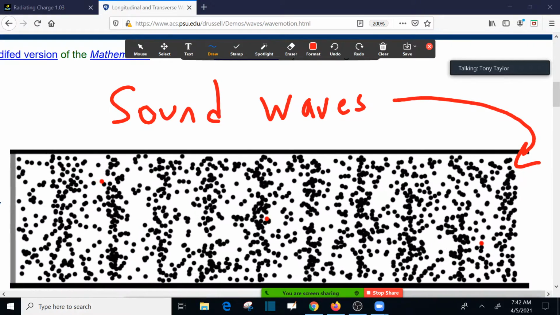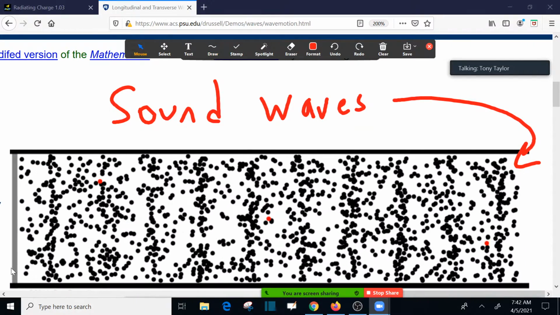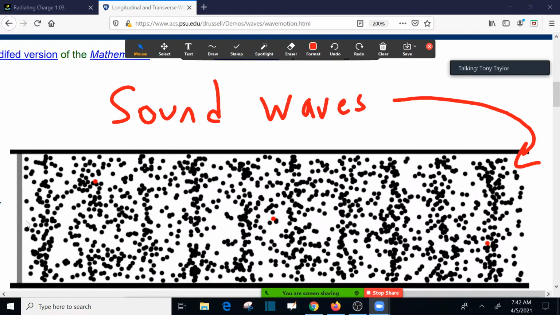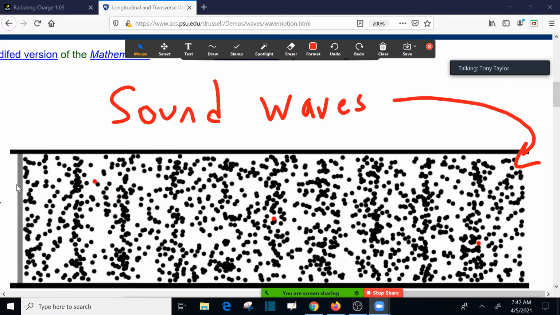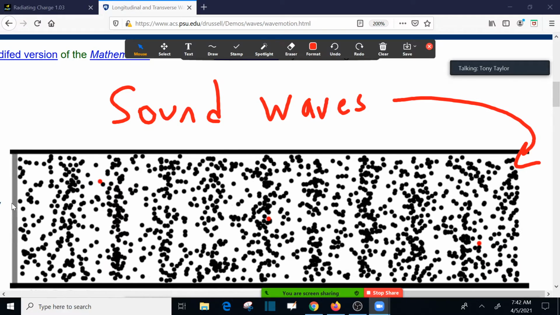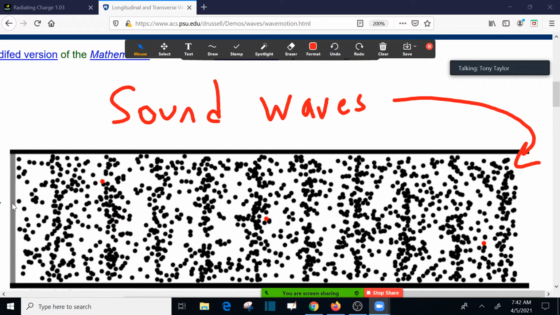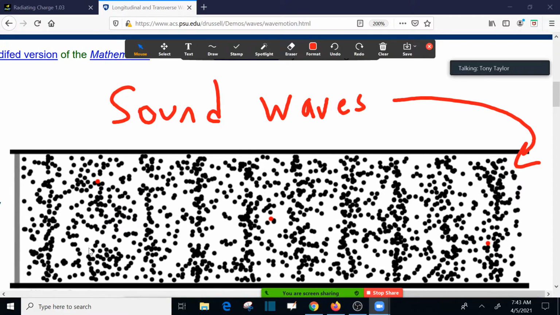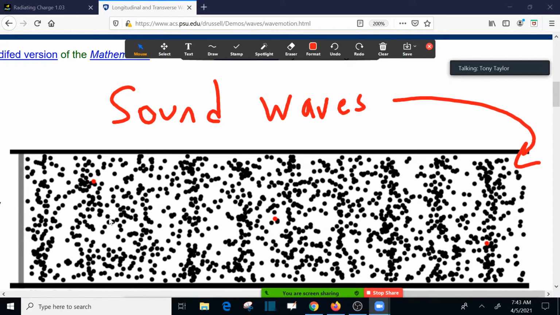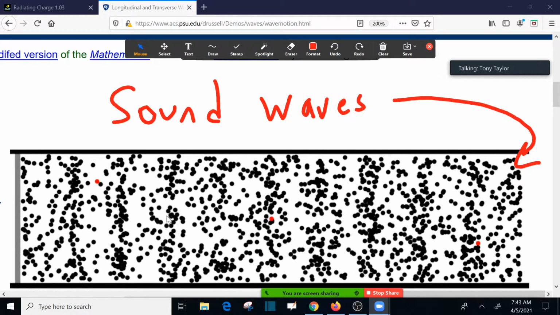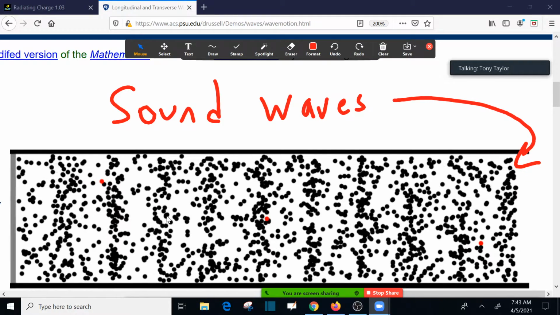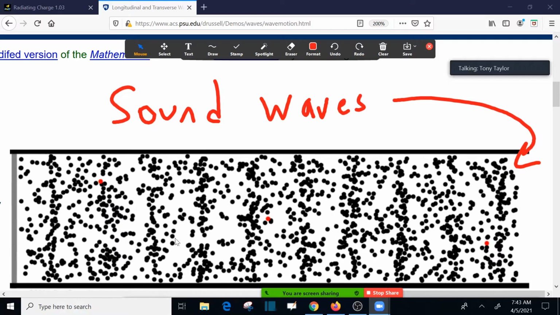Imagine that this is a speaker over here, and this speaker is vibrating, pulsing forward and backwards. As a speaker pulses, it creates these pressure waves in the atmosphere, like these little dots. Imagine that they're air particles, and these air particles are vibrating side to side, kind of like what we see here.